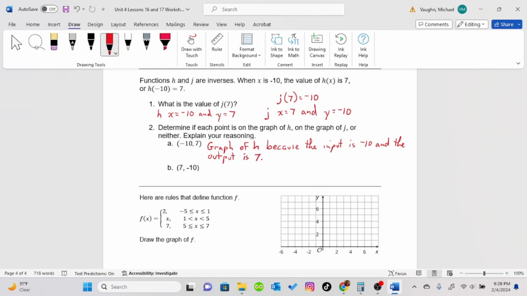For B, x is 7 and y is -10, and that matches what we said function j was. So this one would be on the graph of j because the input is 7 and the output is -10.